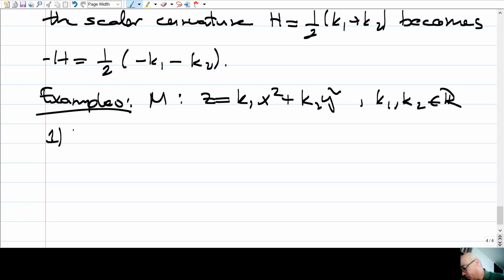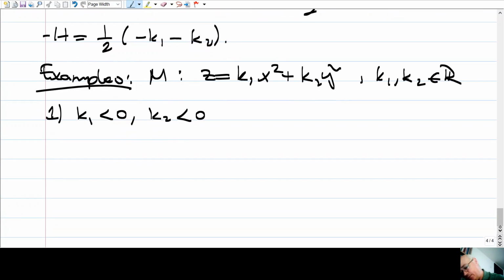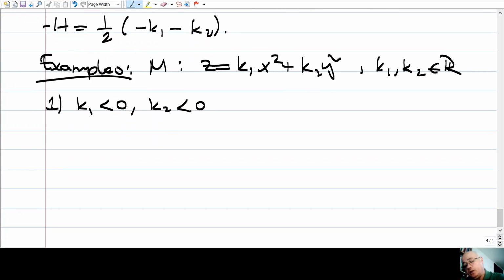Well, let's see first the case where K1 and K2 are both negative. If you look at the cross sections, you see parabolas, Z equals K1 x squared and Z equals K2 y squared. So this is a paraboloid like this.